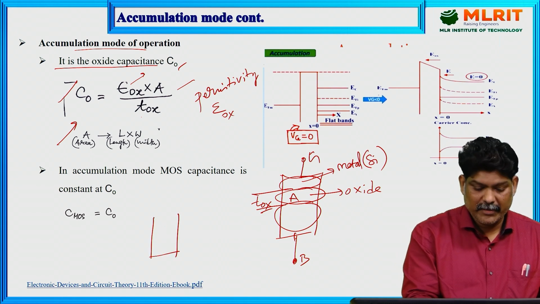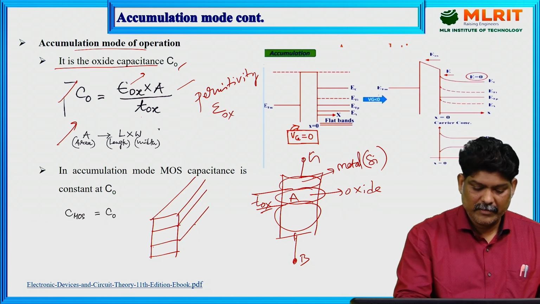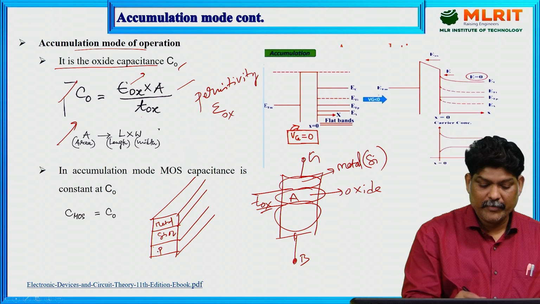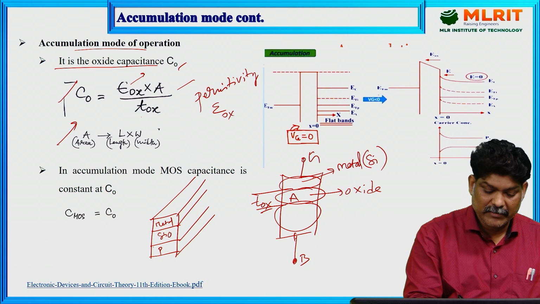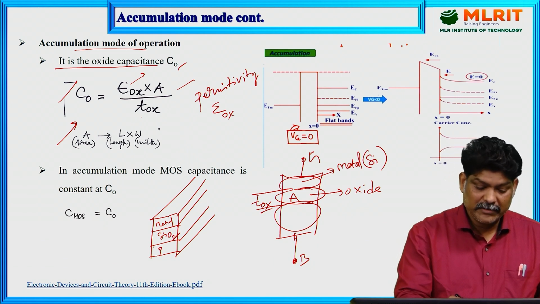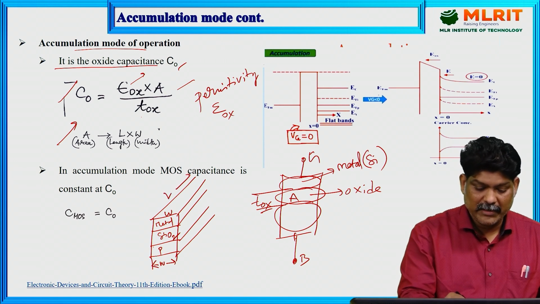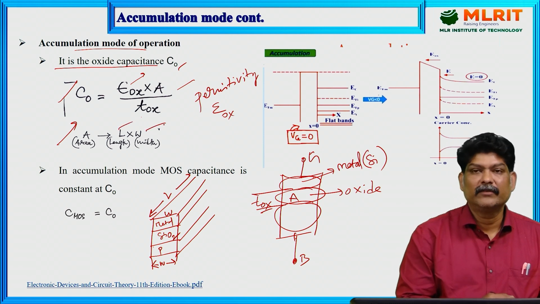If you observe here, these are three layers: metal, the SiO2 layer, and the p-type or n-type semiconductor. This is the SiO2 layer. So this is the width W and this is the length, and area is given by length into width.